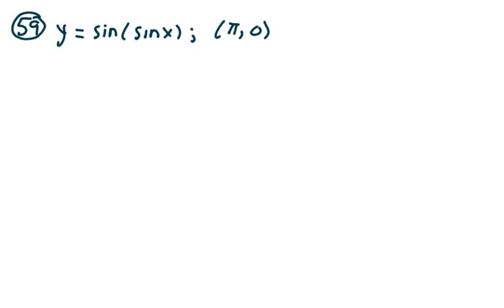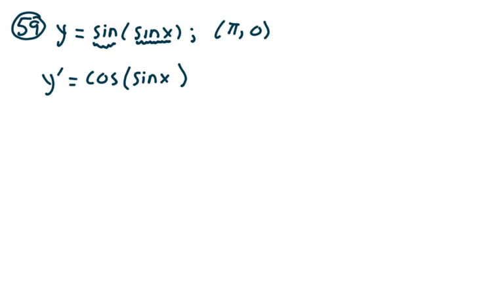Now, the outside function is sine, right? The derivative of sine is cosine. But remember, we're evaluating cosine at the inside function. The inside function is sine of x. So we're going to get cosine of the sine of x.